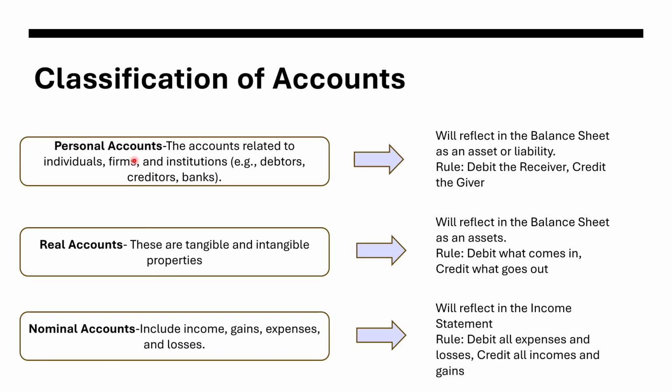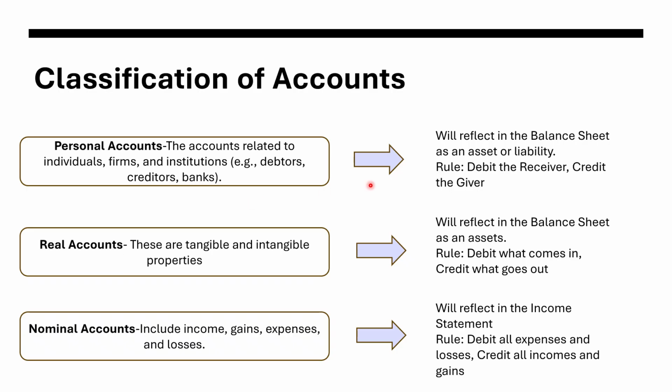Personal accounts are accounts that are related to individuals, firms, and institutions. For example, when we purchase goods on credit, we have creditors. When we sell goods on credit, we have people who owe us. They're called debtors. Similarly, we may have dealings with the banks or even other institutions. So these are all classified as personal accounts.